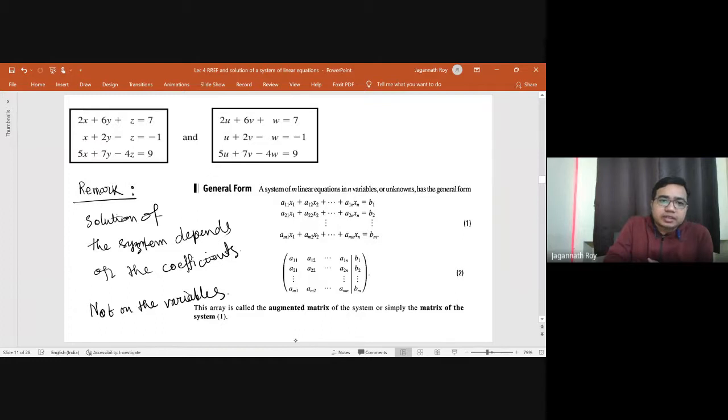Because you can take the system as xyz, the variables can be xyz, or they can be uvw also. So there is no issue. Even if you think of different variables, it is no problem.